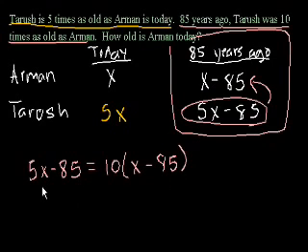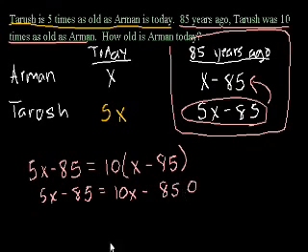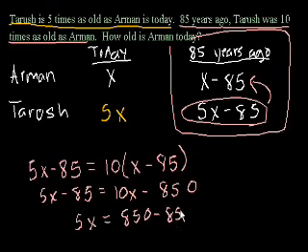Now we just solve the equation. You get 5x minus 85 is equal to 10x minus 850. And then you get, and I'm going to skip some steps just to confuse you, 5x is equal to, well, I think I just confused myself. 5x is equal to 850 minus 85.